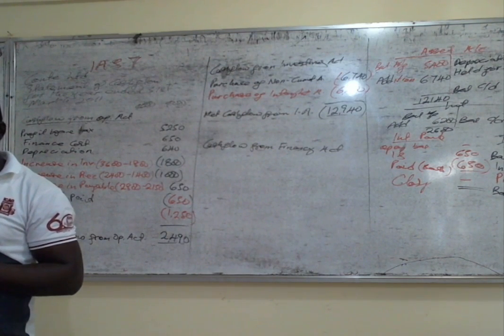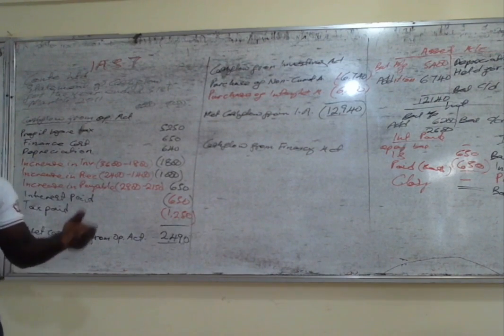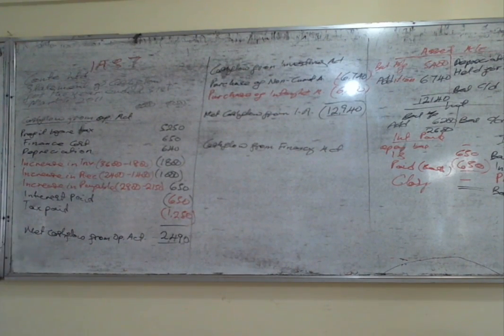We have the 8% loan notes. Have you seen it? So the first loan note, there was no change. Equity, there's no change. But the long-term liability, the other one, there's a change.